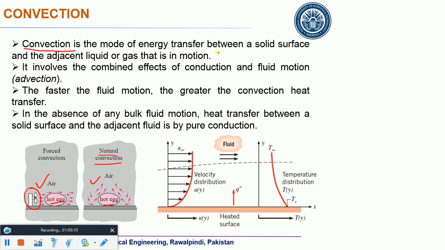Okay, so let's talk about this definition more formally. Convection is the mode of energy transfer between a solid surface and the adjacent liquid or gas that is in motion. By the way, the solid surface can also be replaced with a liquid, just like convection over the sea surface, where on one side it is water and on the other side it is air.